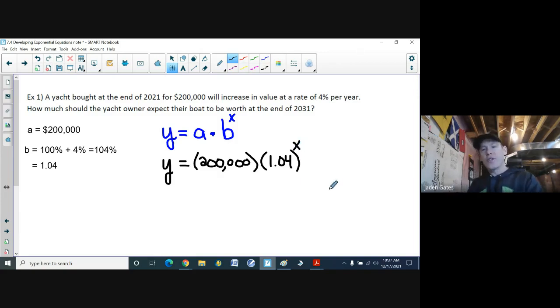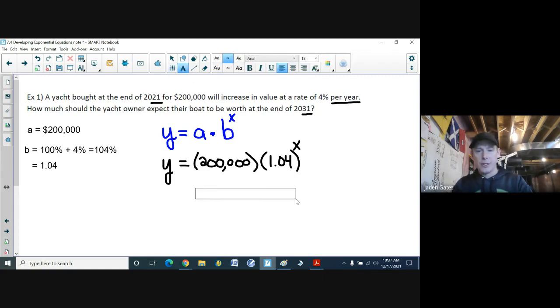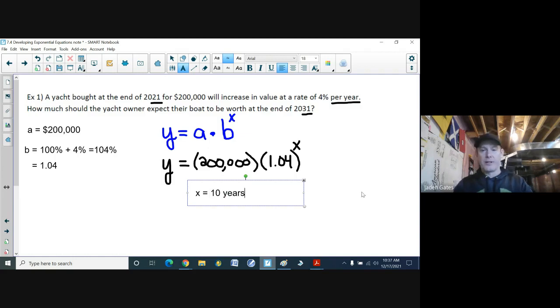Now, we're solving something here, because the question says, how much should the yacht owner expect their boat to be worth at the end of 2031? We're going from the end of 2021 to the end of 2031, and this is per year. So our x value is that 10 years have gone by.